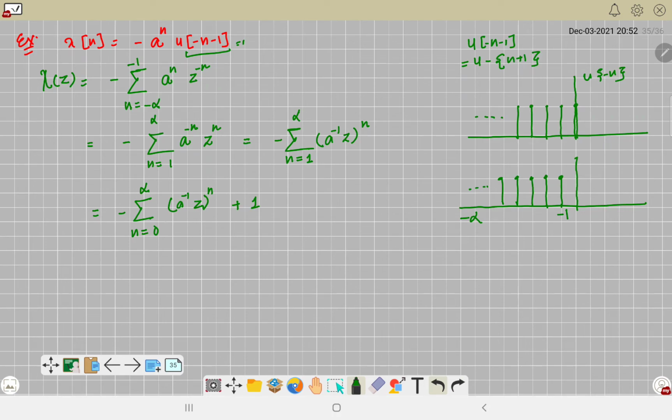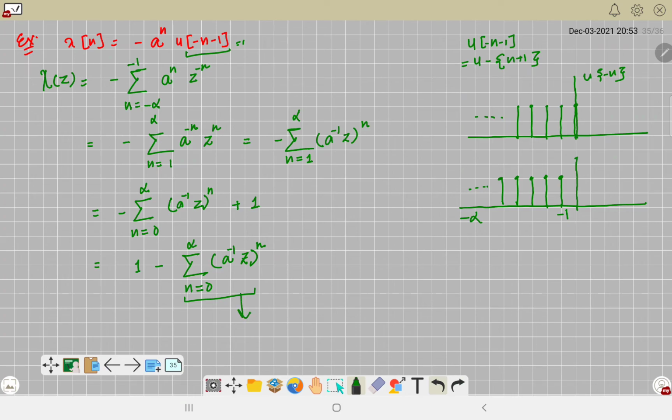Since I am including this quantity here, we will have to add 1. Fine, we can express it as 1 minus the summation n runs from 0 to infinity like this, just to make this summation from 0 to infinity so that it becomes a standard series, so that we can solve this.